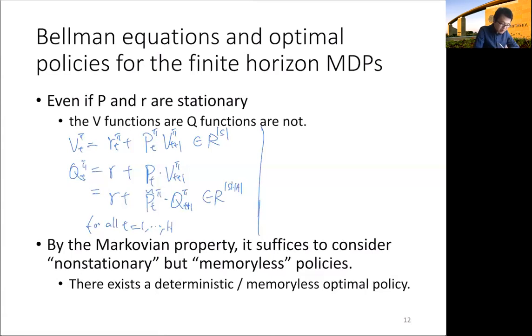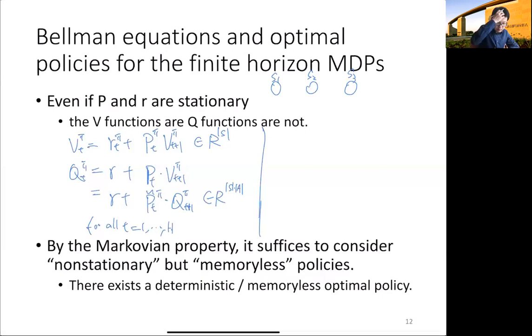So let's consider the case with states S1, S2, S3, and let's also add S4. The state transition is like this: once you get to S3, you transition back to S1, and once you get to S4, you also transition back to S1.